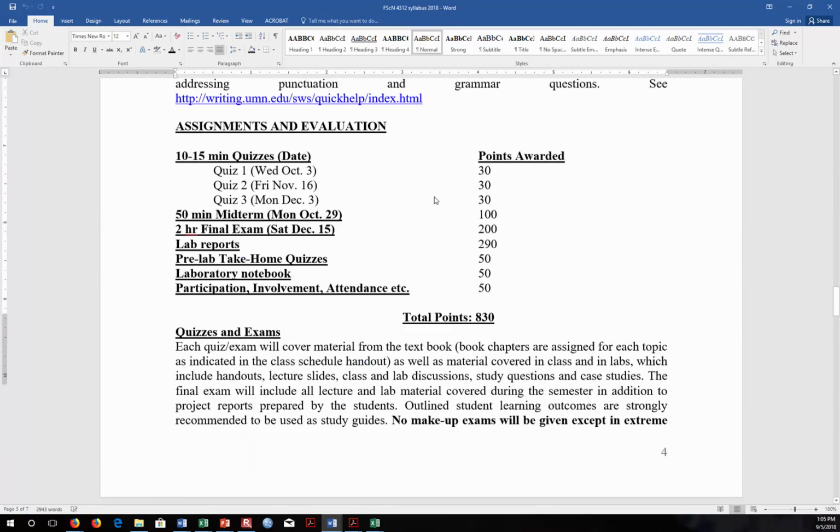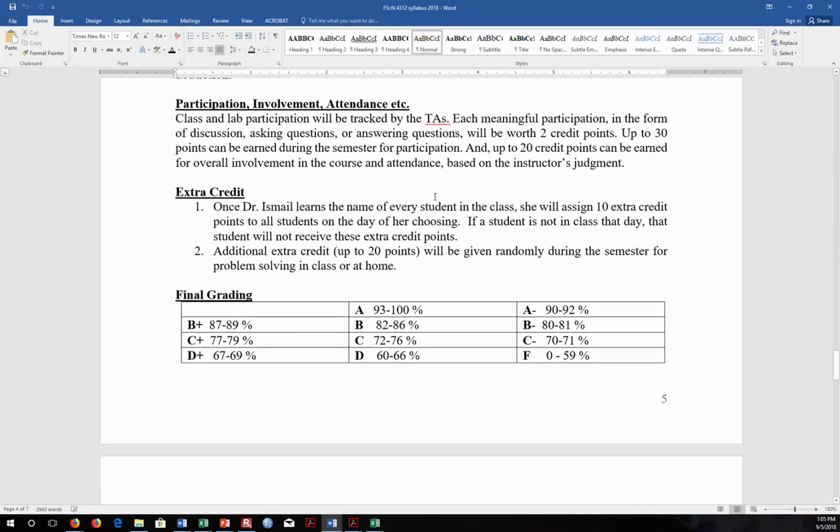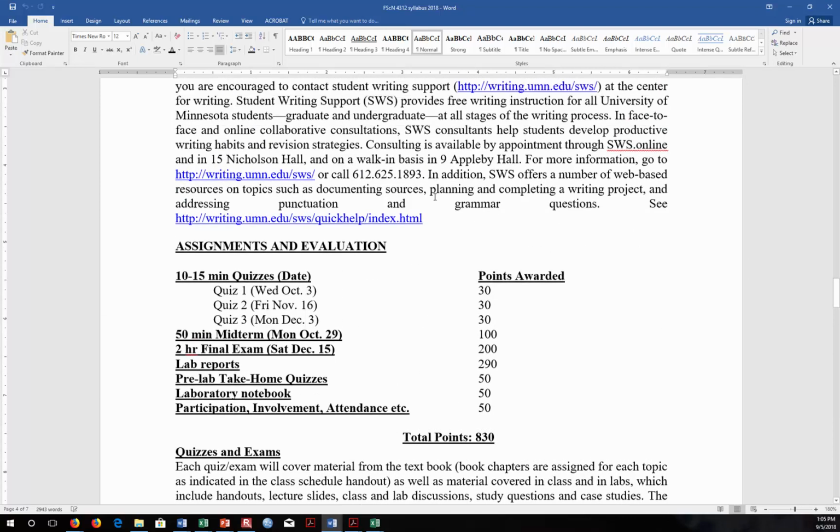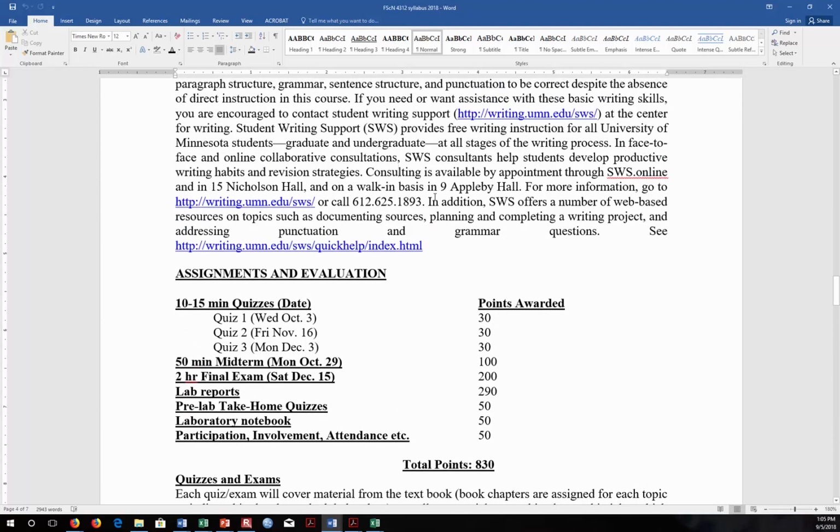So I changed a little bit, again, the requirements for this course, taking into consideration students' comments from previous years. I used to have 4 quizzes. I'm only going to give 3 quizzes this semester.